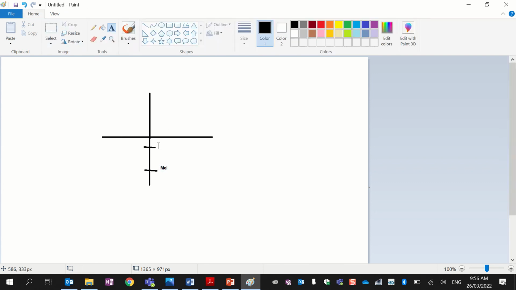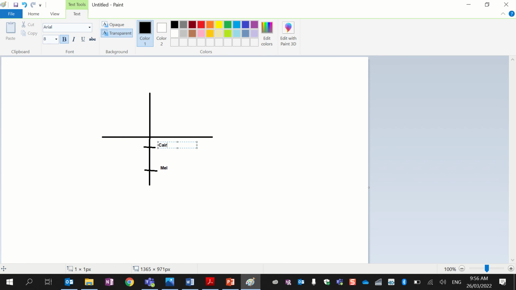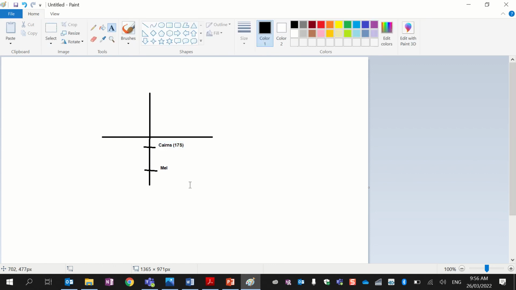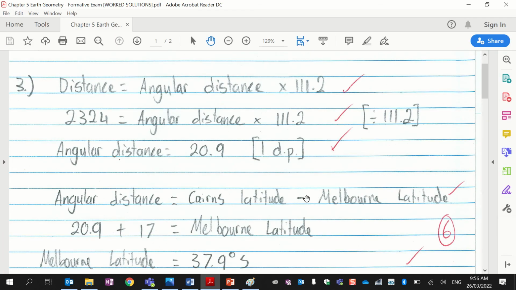When we have two latitudes both south, we subtract them to find the angular difference. That is why in the solutions we subtracted.